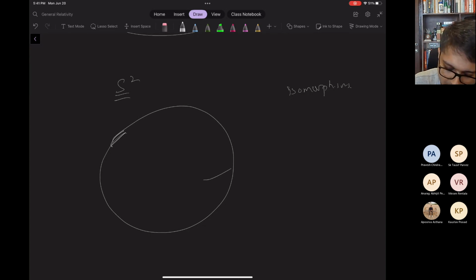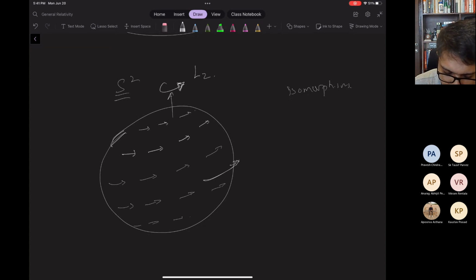They basically correspond to rotations of the two sphere in 3 dimensions. So I can rotate about the Z direction. That is the Lz vector field, which looks like this. Or I can rotate about the X, or I can rotate about the Y.